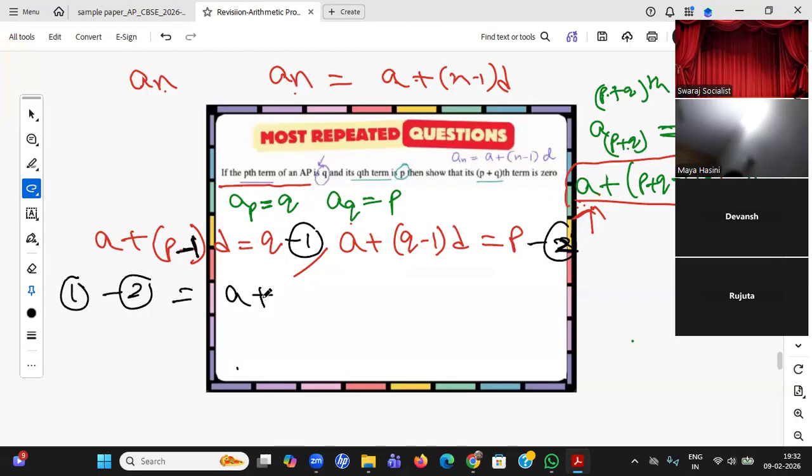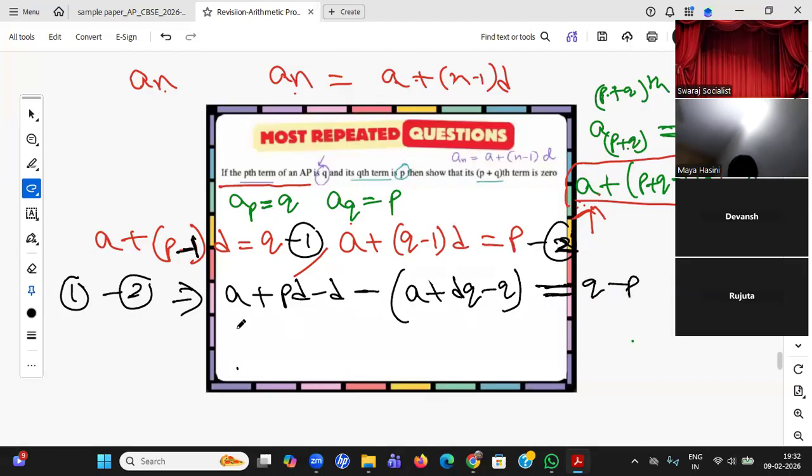Equation 1 is a plus pd minus d, minus equation 2, a plus dq minus d. On the right side I also need to subtract, q minus p. These terms will be confusing, so don't go with that; just blindly do the arithmetic.